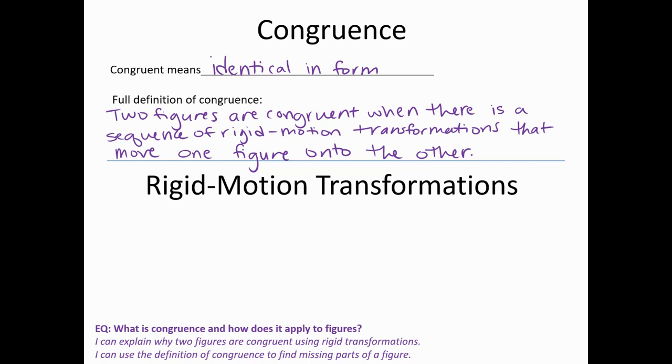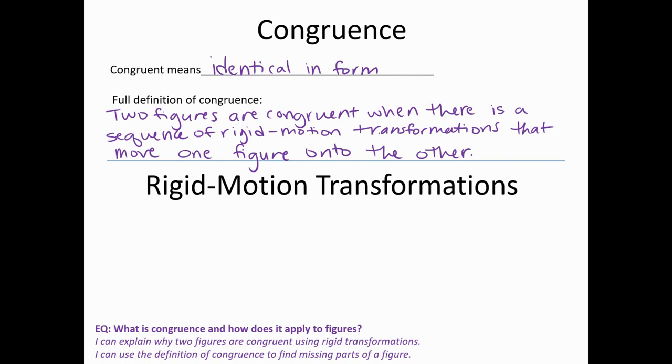We have seen this already when we were doing that game called Shape Mods, where you had to match up one figure and move it to the other, and also in our congruence activity from earlier this week, where we tried to match up one shape to the other.